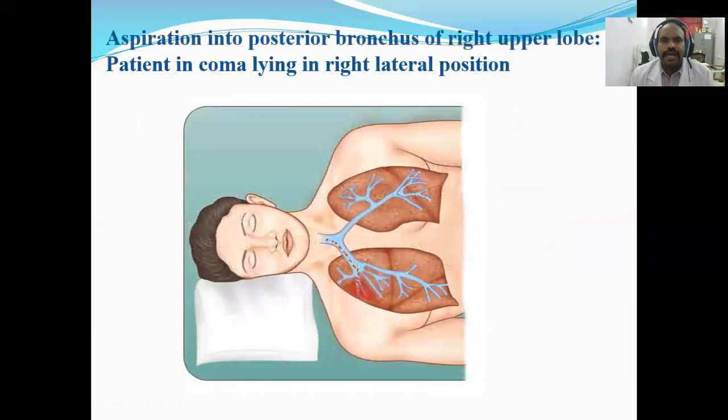So this is the aspiration into the posterior bronchus of the right upper lobe, in a patient in coma in the right lateral position. So this is how you introduce the bronchoscope and try to aspirate from the right upper lobe bronchus. And this is also a scenario which may cause disastrous bleeding if it is not taken care of.